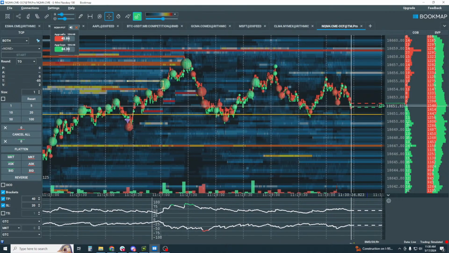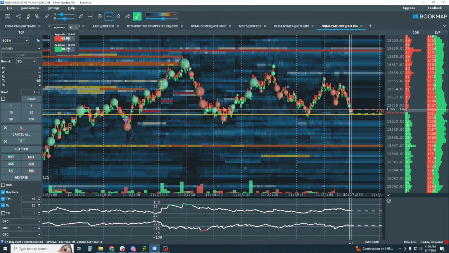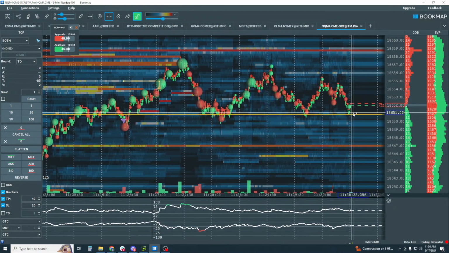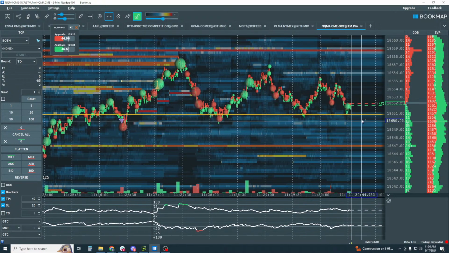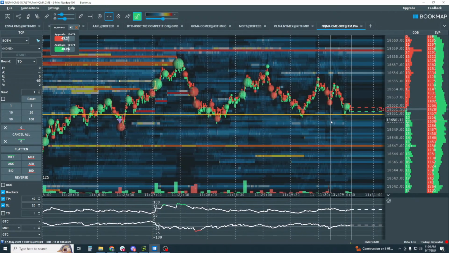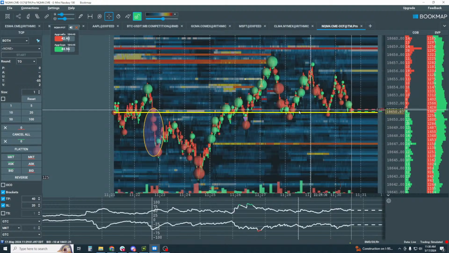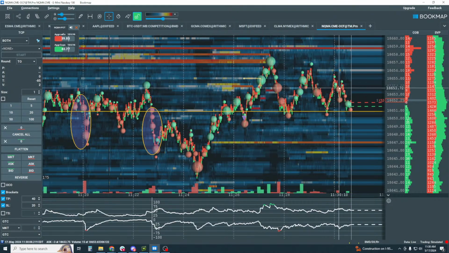Let's see the sellers through this area here, through 50. We're sticking above this 650 here, looking for the sellers to drive it through this 650.